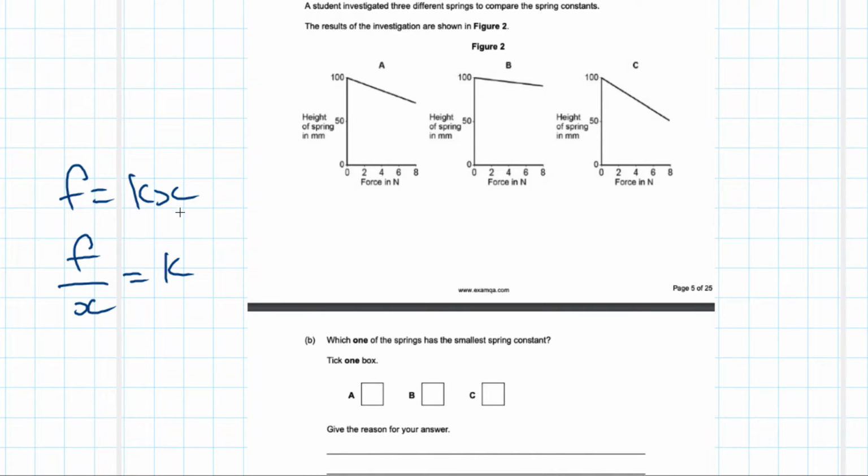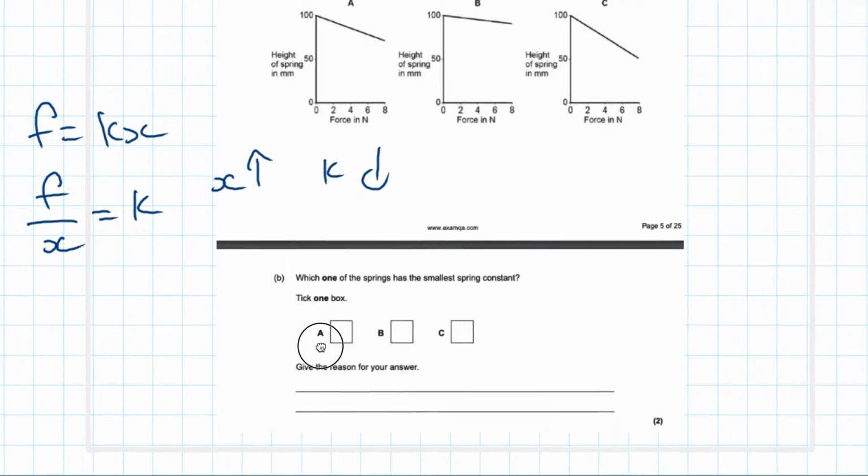We do know what the force is, but we want to look at x. So if x is really big, then k must be really small, because there's an inverse relationship. It's a 1 over relationship here. So that is why we can use the formula to find which spring constant is the smallest.